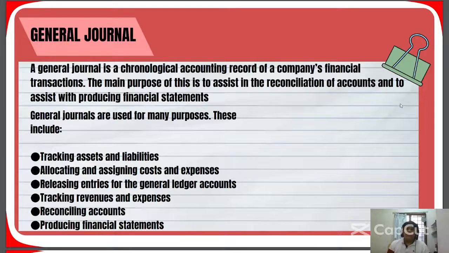General journals are used for many purposes. These include tracking assets and liabilities, allocating and assigning costs and expenses, releasing entries for the general ledger accounts, tracking revenues and expenses, reconciling accounts, and finally, to produce the financial statements.